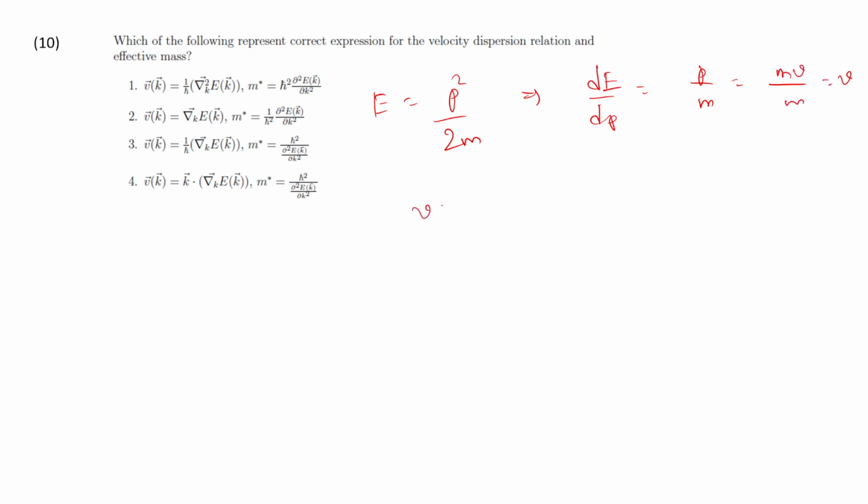So v we can write as dE over dp, or dE over h-bar dk, in one dimension. If we generalize this to three dimensions, v has to be 1 over h-bar times the gradient of E. Here E is just a scalar quantity.